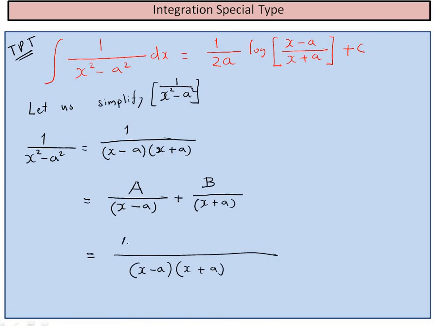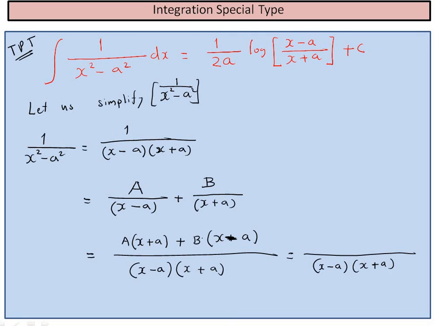Here it will be A into bracket x plus a plus B into bracket x minus a. समझ गए बच्चों? तो ये कैसा रहेगा? न्यूमरेटर यहां 1 है, यहां न्यूमरेटर क्या होएगा बच्चों? जहां देखिए x minus a, x plus a. ये समझ गया आपको?